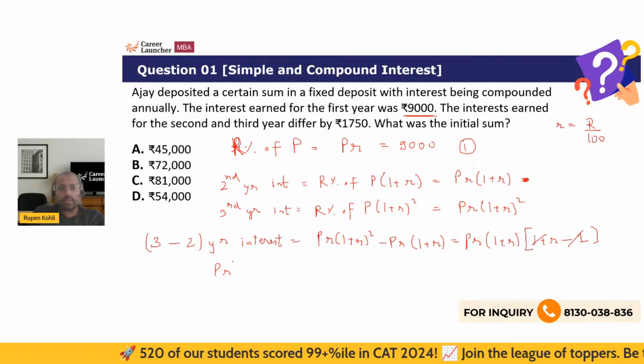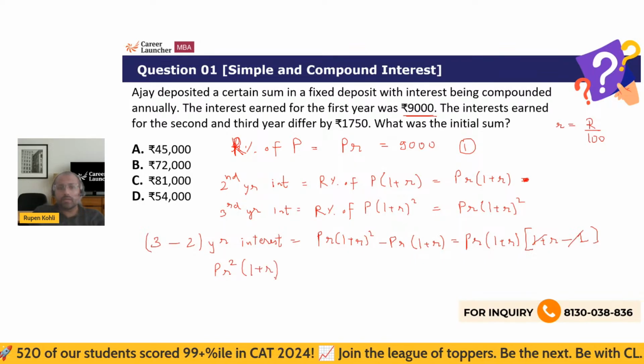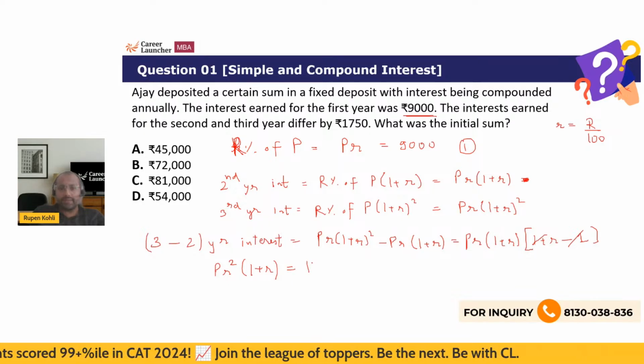So PR square into 1 plus R is equal to 1750.